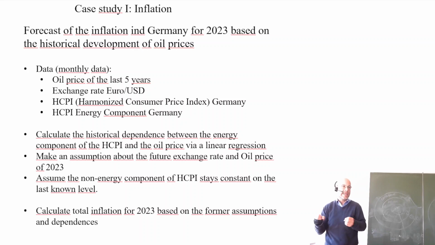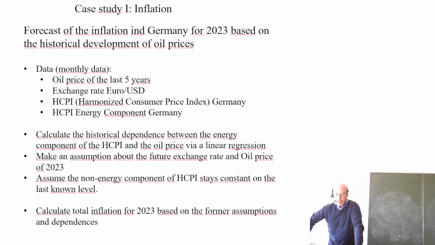This guess we want to feed into the total aggregate of inflation, so the consumer price index. And of course, energy or oil is not 100% of the development of consumer price indices.